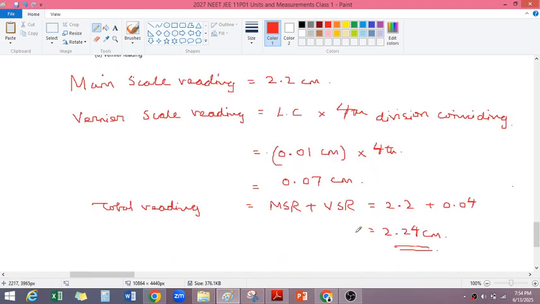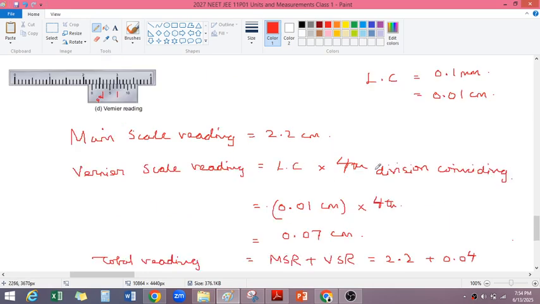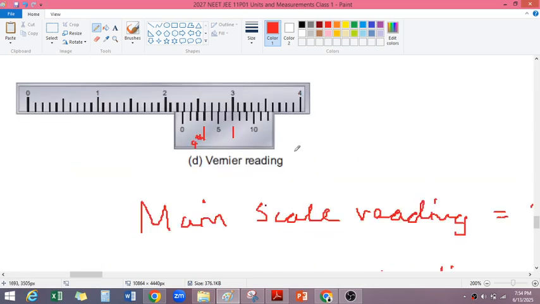How do I find the VSR? Vernier scale: least count multiplied by the division which is coinciding, meaning it is a perfect straight line. Very often you will get a confusion, so listen carefully. You will get a confusion like I got here: should I take this or this?